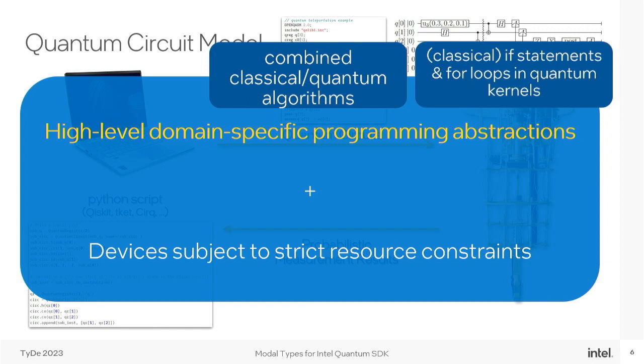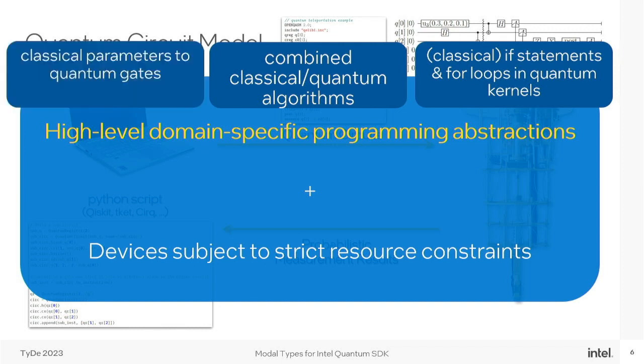So some relatively concrete examples of this is using classical if statements and for loops to construct these quantum algorithms, as well as things like classical parameters to quantum gates. So there are some quantum gates that take in classical arguments.